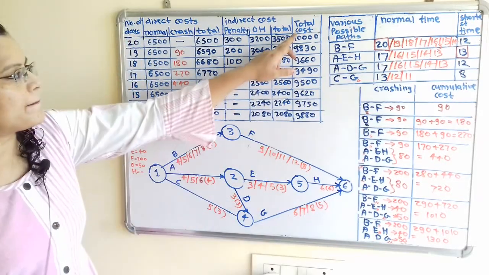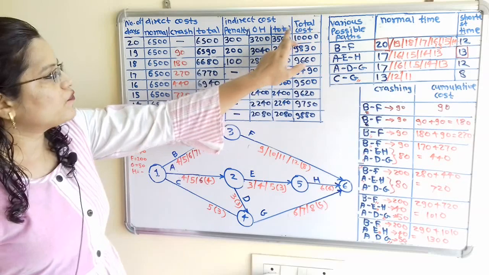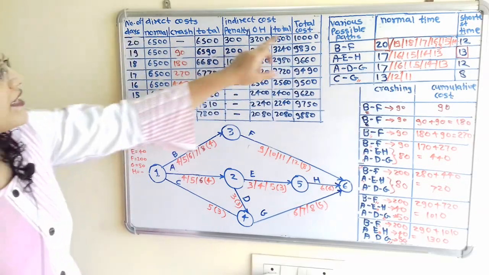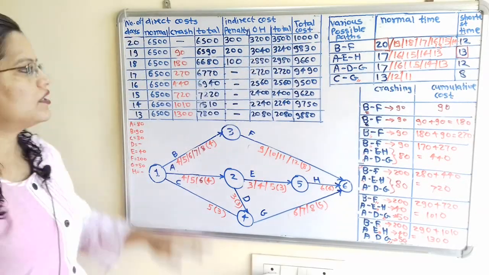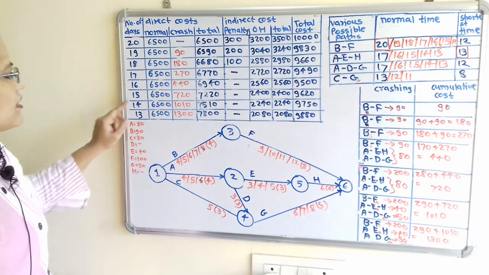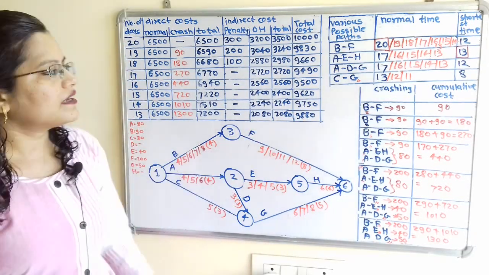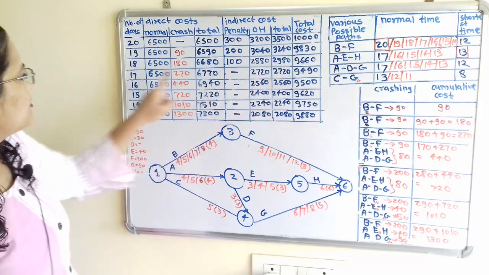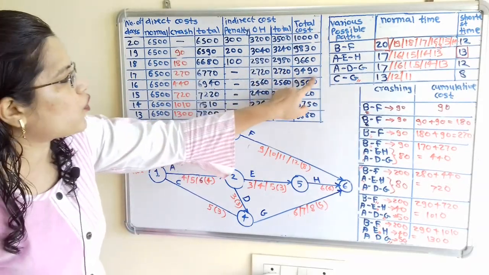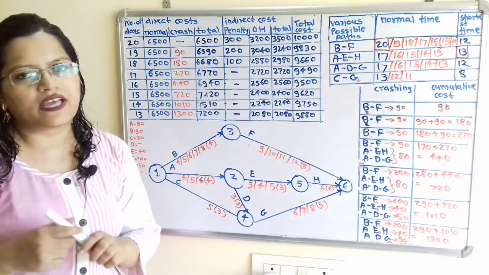Now if we compare this total cost: if we complete the project in 20 days, total cost is 10,000. If we complete the project in 13 days, total cost is 9880. But if we complete the project in 17 days, then here is the lowest cost, that is 9490.